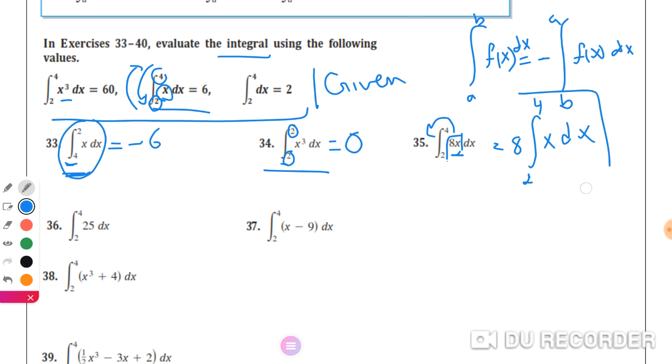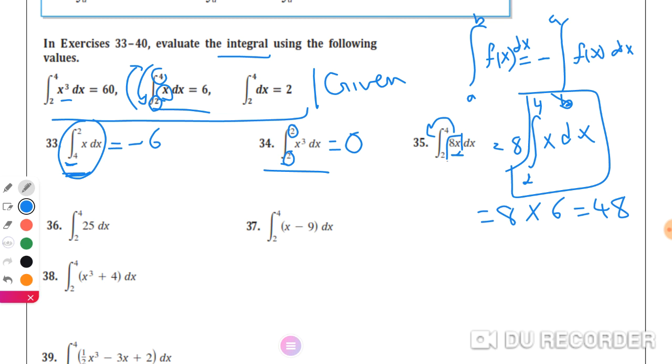But I know the value of this definite integral. It is given here: it is 6. So it will be 8 multiplied by 6, which is 48. I swear it is very, very interesting. I just use the properties of integration and the given value of the integral.